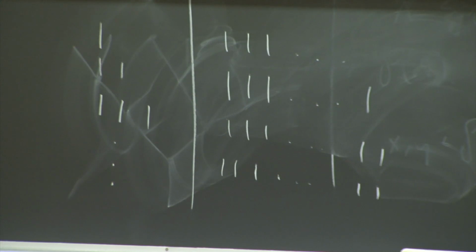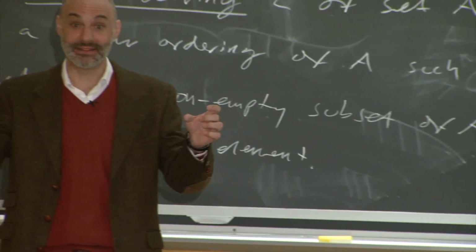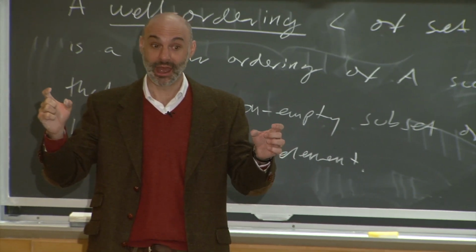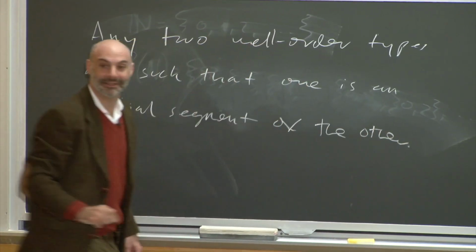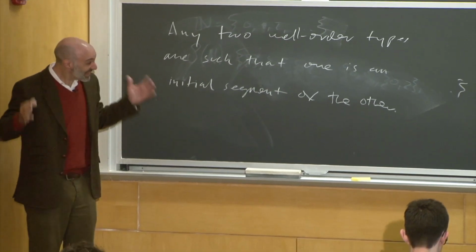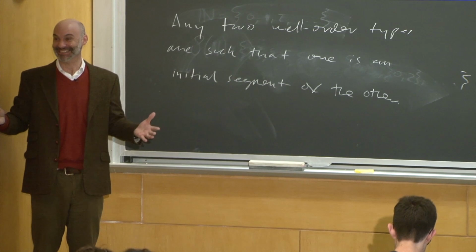The thing about well orderings is that any two well-ordered types are such that one is an initial segment of the other. I'm going to write that down because it's so cool. The reason that's so cool is because it means that we can order the well-ordered types.